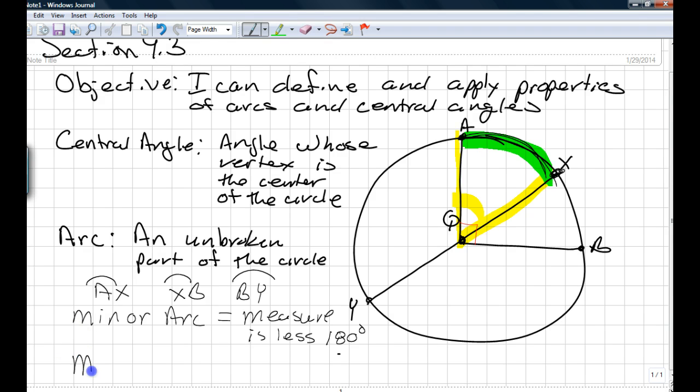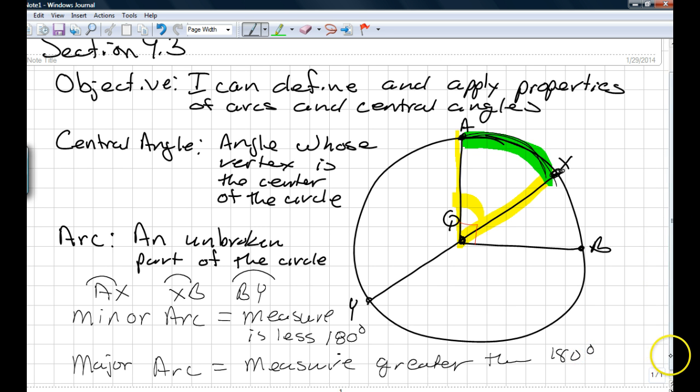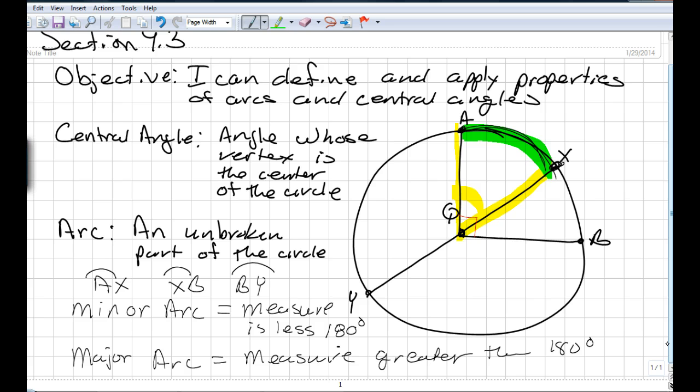Then we have what's called a major arc. A major arc has measure greater than 180 degrees. And for a major arc, we always name them using 3 points on the circle.